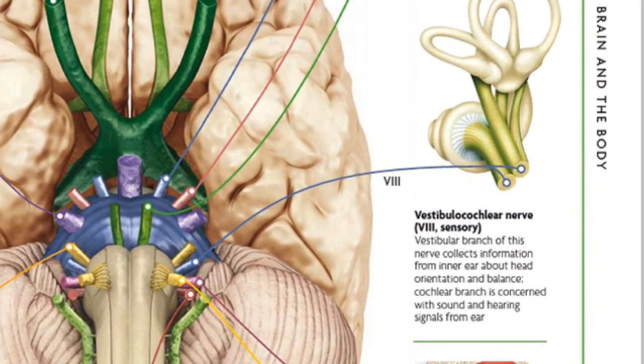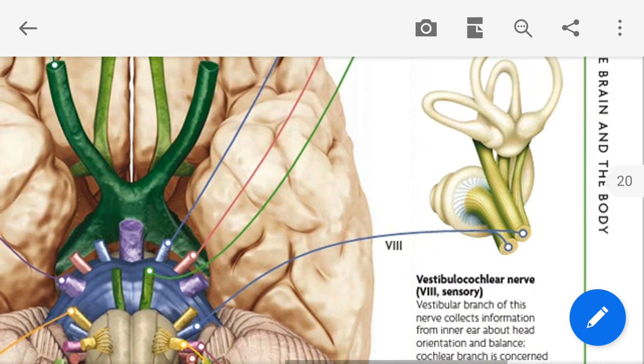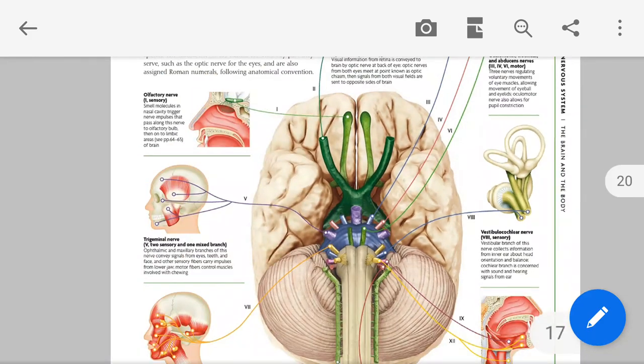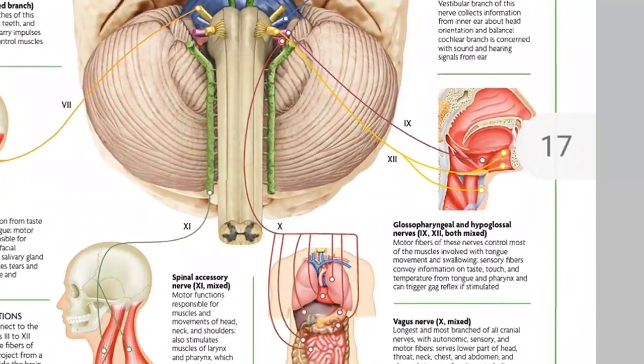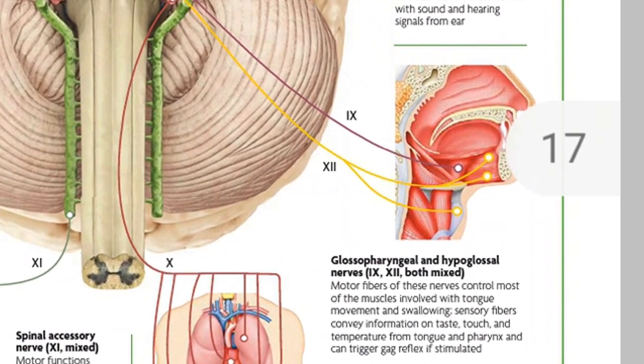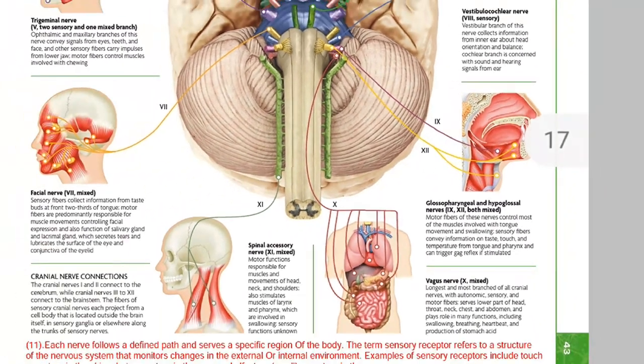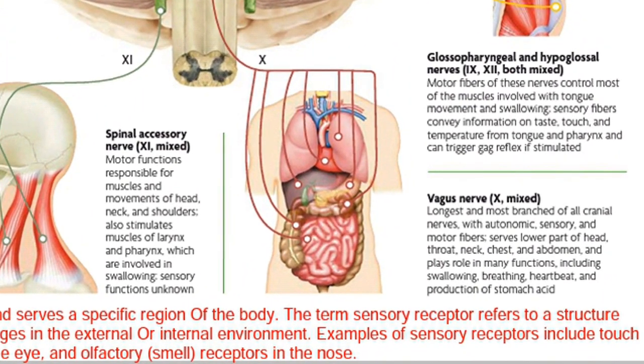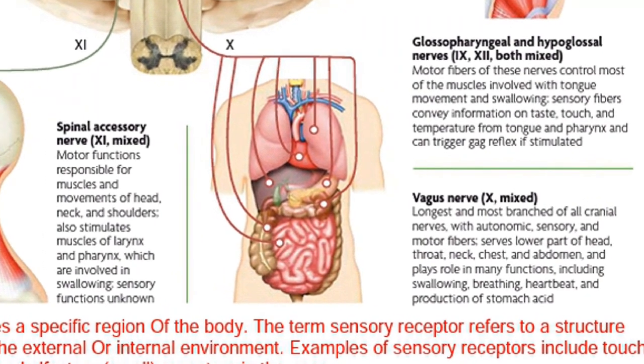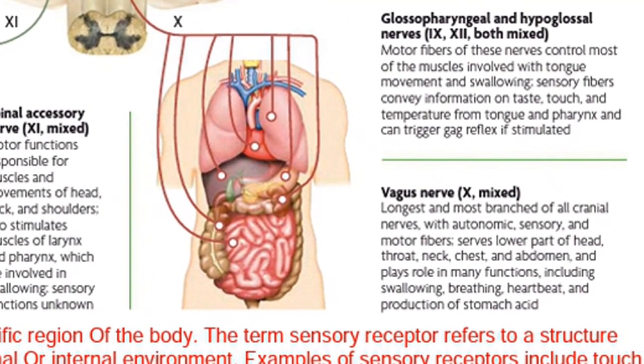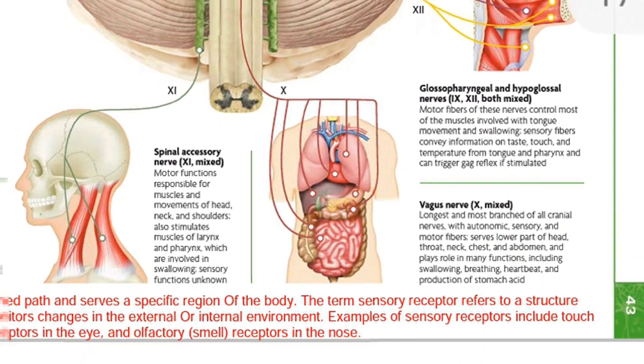Then number 8, the vestibulocochlear nerve, responsible for maintenance of body balance. Then the glossopharyngeal and hypoglossal nerves. Vagus nerve, controlling body organ activity.